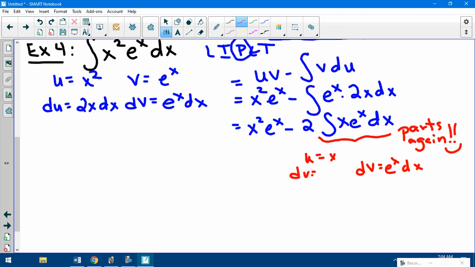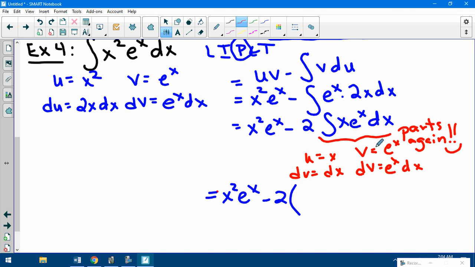What's the derivative of x? It's just 1. So 1 dx, or just dx. What's the antiderivative of e to the x? e to the x. So, color code here, we have that x squared e to the x piece minus 2 times the whole parts formula again.